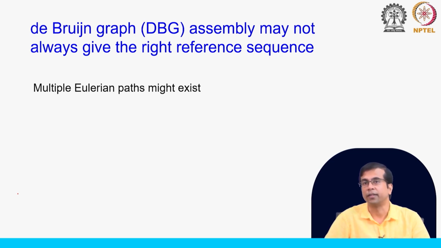It is not necessary that you will have just one unique path, but you can have multiple Eulerian paths, and we will see in an example that these multiple paths can give rise to different reference sequences. Again, these highlight the limitations of the assembly algorithms, and it is good to know this, because then we can think about ways to actually address these issues.